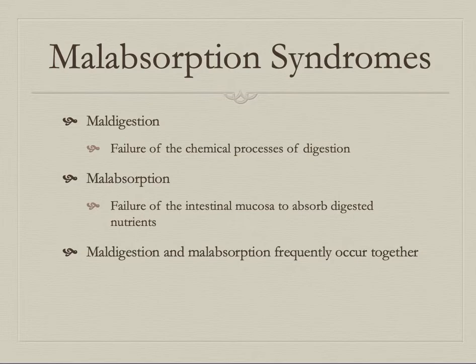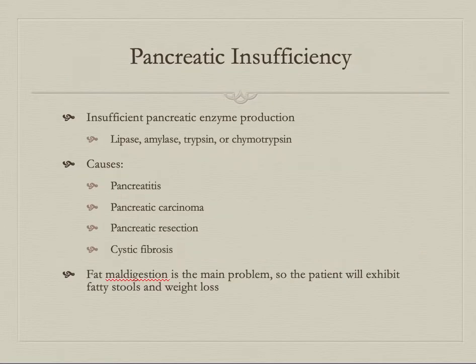If you don't ever digest the food, you can't absorb it. Okay, digestion comes first, absorption comes after. When you don't digest the food, it passes through unchanged. Okay, so if you have maldigestion, you will often end up with malabsorption, pretty much always. Now, you can have malabsorption by itself, it just depends.